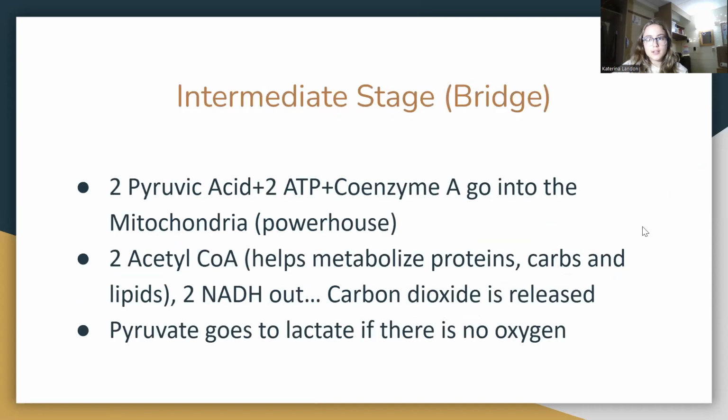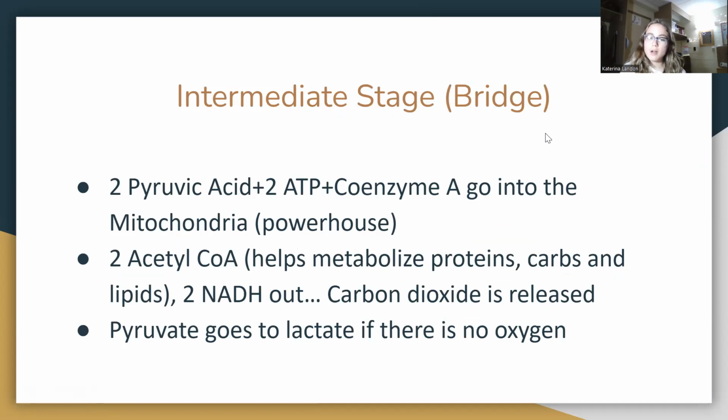Next is the intermediate stage, which is also called the bridge. For the intermediate stage, we're going to use those 2 pyruvic acids that have the 3 carbons each, the 2 ATP from glycolysis, and coenzyme A, which is also called 2-acetyl-CoA, and that's going to go into the mitochondria.